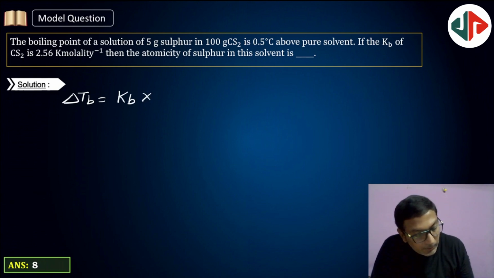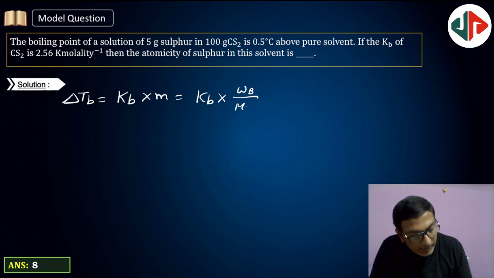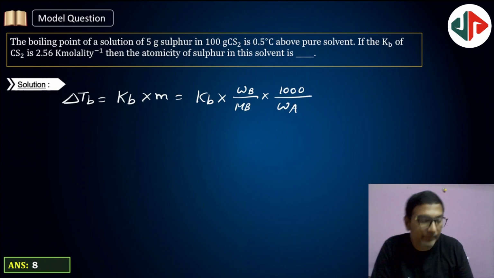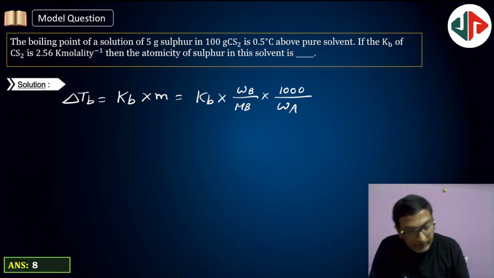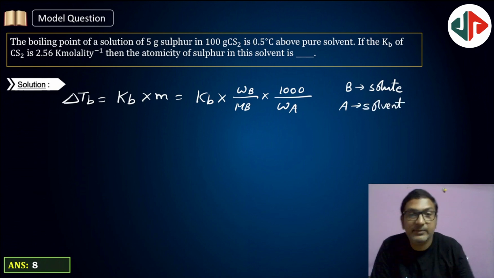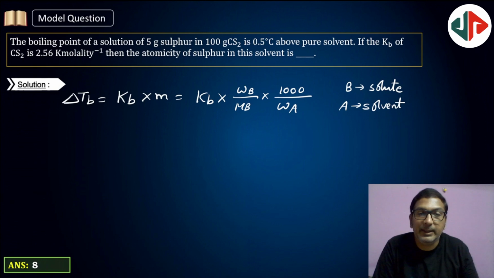Kb into molality, which can be taken as Wb by Mb into 1000 by Wa. Here B is for solute and A for solvent. W is weight, M is molecular weight.